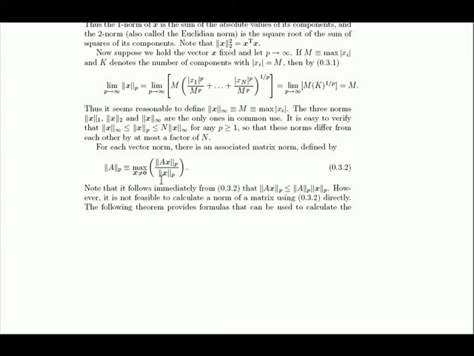So for anything other than 0, it's the maximum over all x of the p norm of Ax over the p norm of x. And immediately from this definition, you see that the p norm of Ax is less than or equal to the p norm of A times the p norm of x. We'll use that frequently. Here, this means the vector norm, because Ax is a vector, x is a vector. This is the matrix norm. Unfortunately, this is not a very useful definition in calculating the norm of a matrix.